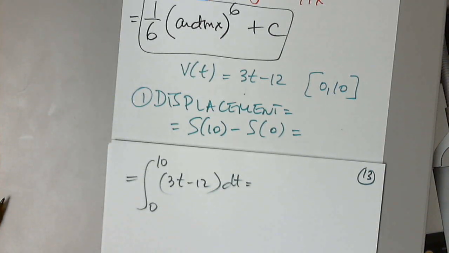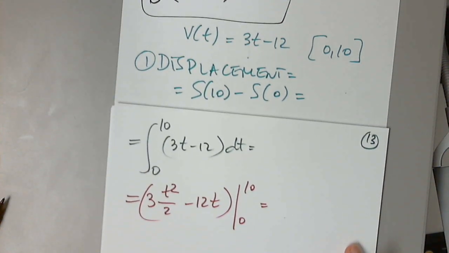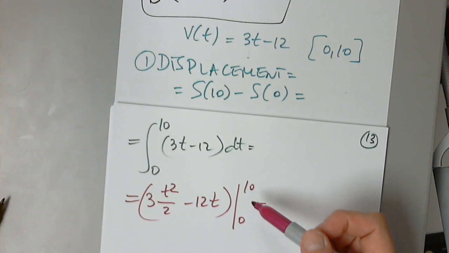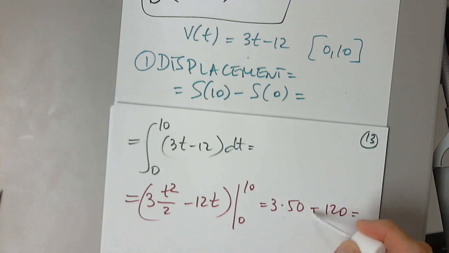So we get 3t squared over 2 minus 12t from 0 to 10. And luckily we only have to plug in 10. So 3 times 100 over 2, which is 150, minus 120. So 150 minus 120 is 30. So the particle moves 30 in the positive direction.